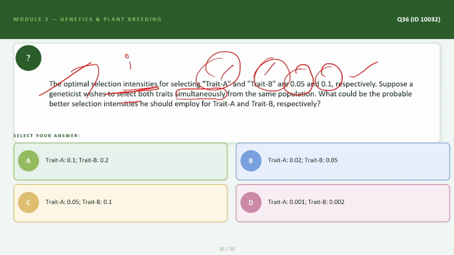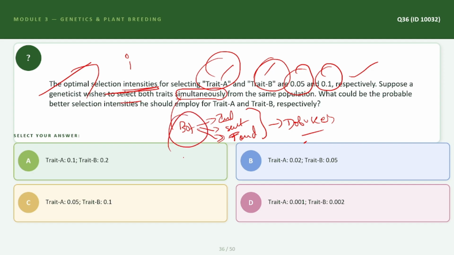You should know the different methods to select: independent culling, selection indices, and tandem selection. There are three different methods, which are clearly explained in the Dobelker book. Please refer to that book for reading this chapter, simultaneous selection.